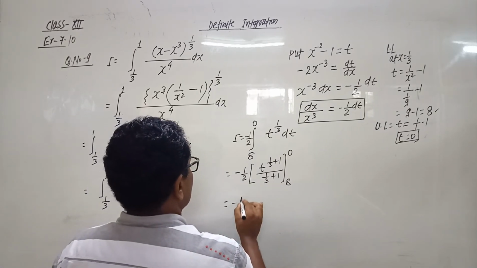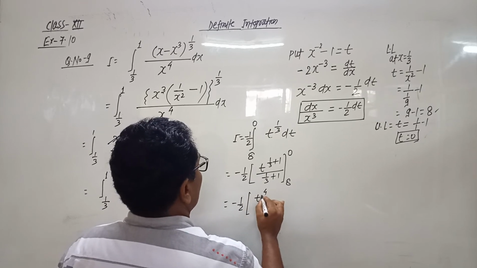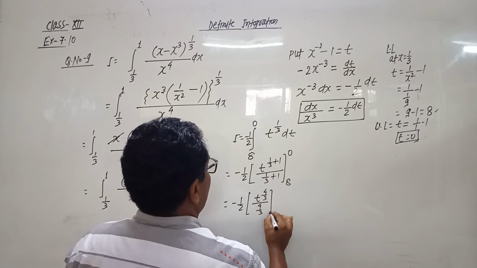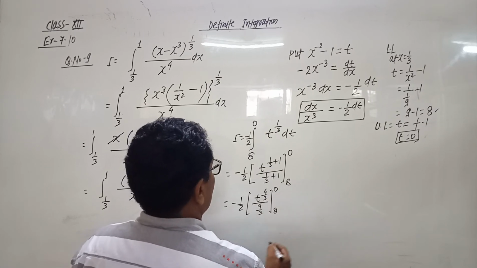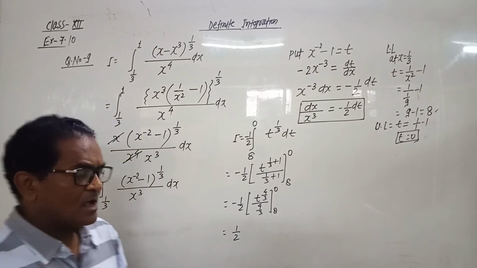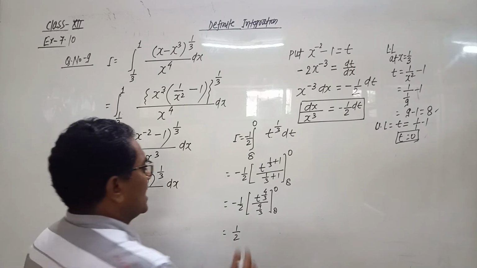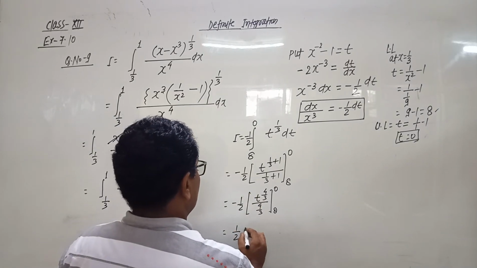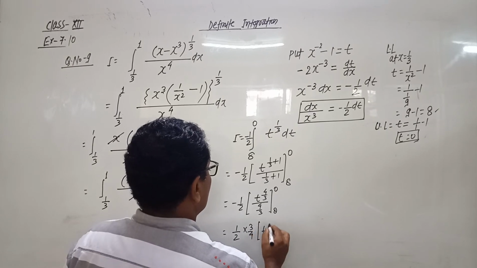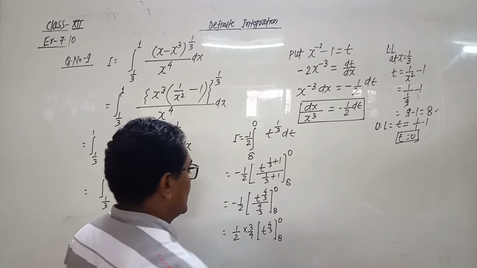So this becomes minus 1 by 2 and t raised to the power 4 by 3 upon 4 by 3, and limit 8 to 0. So minus 1 by 2 and 1 upon 4 by 3 is taken outside, and 1 upon 4 by 3 is written as 3 by 4 and t raised to the power 4 by 3 and limit from 8 to 0.